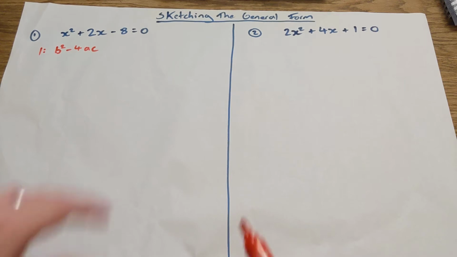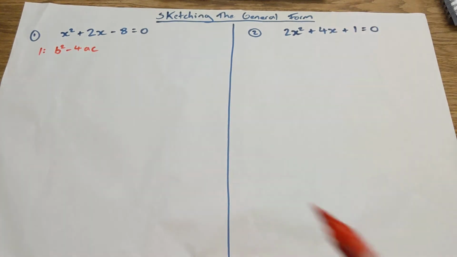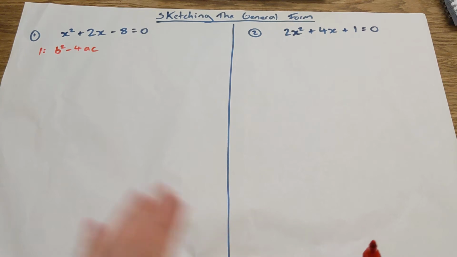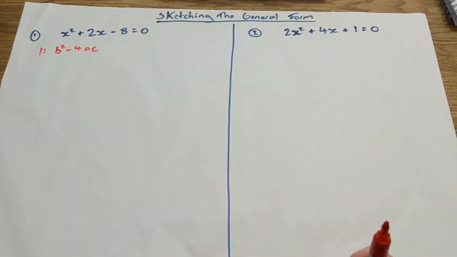It can also tell us whether we can just factorize the equation or whether we need to use the quadratic formula. Another clue is if this is in the non-calculator paper, you're probably just going to have to factorize and not need the formula. If it's in a calculator paper or the question asks for decimal places, chances are you'll have to use the quadratic formula. But doing this little bit with the discriminant first will also tell you.